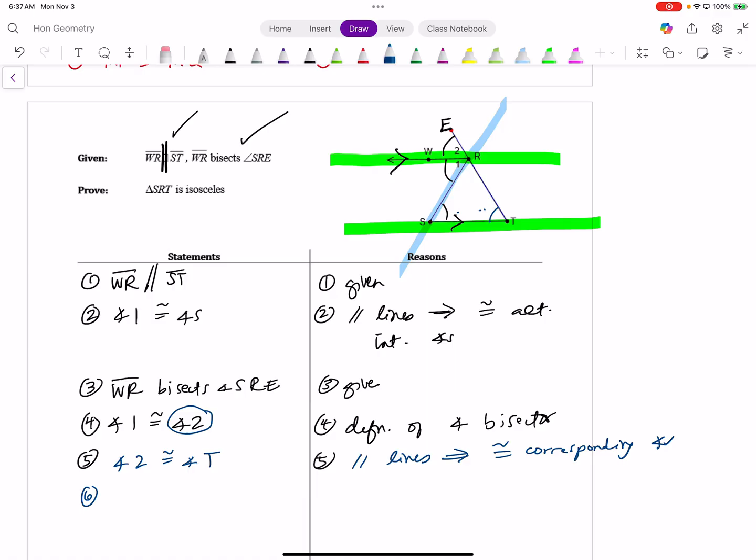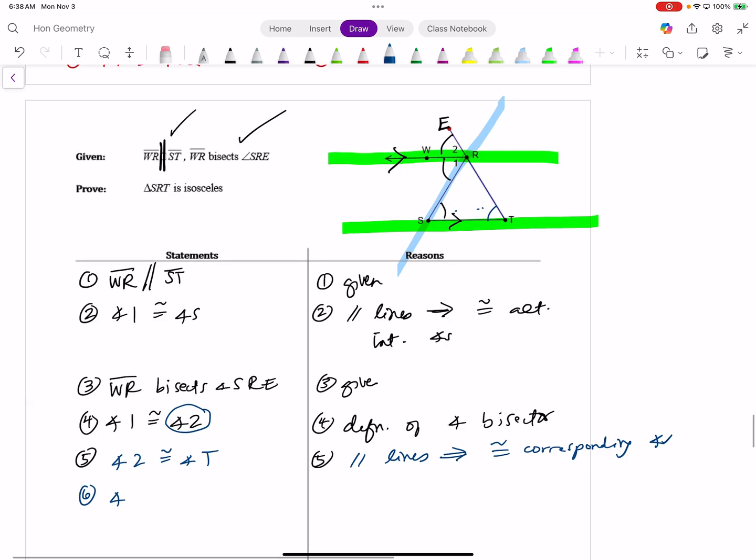I think I want to just say angle S is congruent to angle T, but I think I probably need to do it in steps. I already said that. Can I put it all in one? I'm just gonna. 1's congruent to S, 1's congruent to 2, 2's congruent to T. That means S is congruent to T.